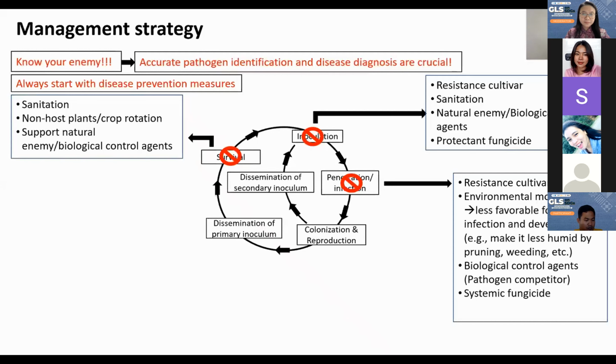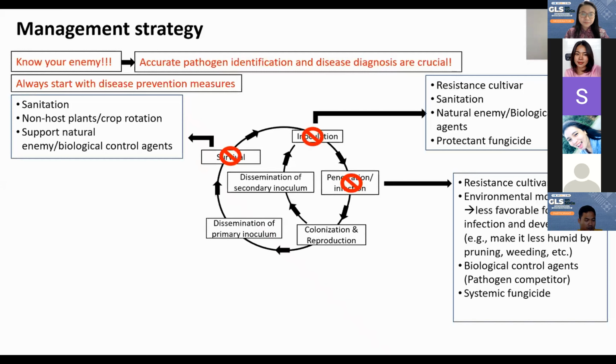And environmental modifications can also still be done here, because infection is usually much influenced by environmental factors such as temperature and humidity. So any means or any ways to make the environment unfavorable for pathogen infections can help in this stage.